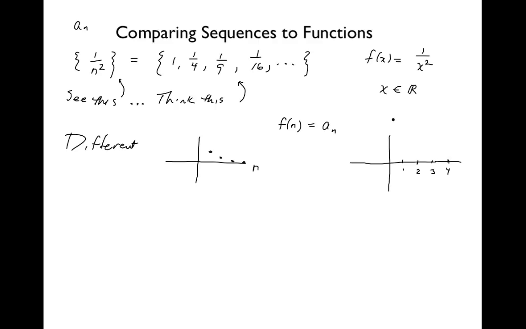All right. So what does this look like? It looks like this. And then we even have the negatives too, right? When x is negative, we get the same thing reflected.